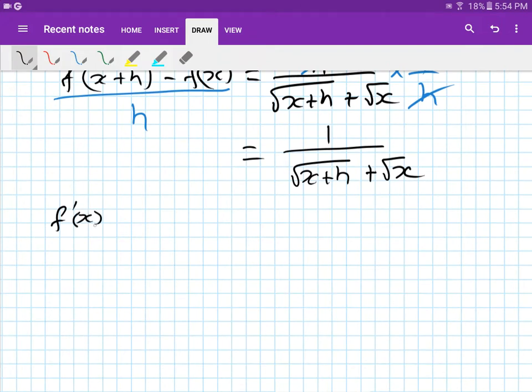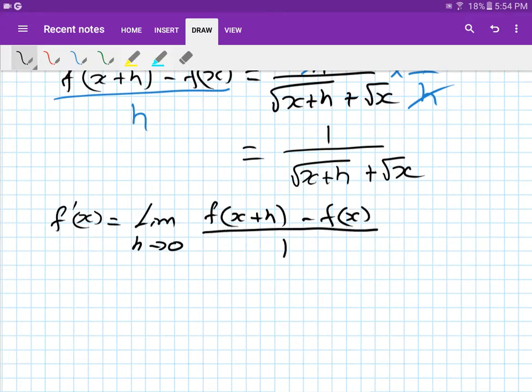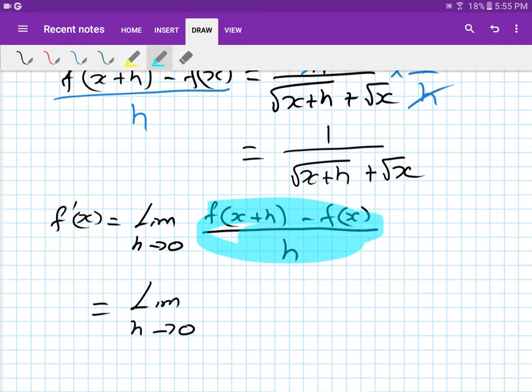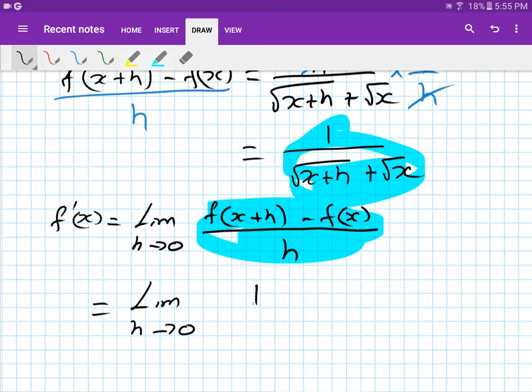f dash x is equal to limit h approaches 0 of f of x plus h minus f of x all over h, which is equal to limit h approaches 0 of this expression here, which is the same as 1 over square root of x plus h plus square root of x.